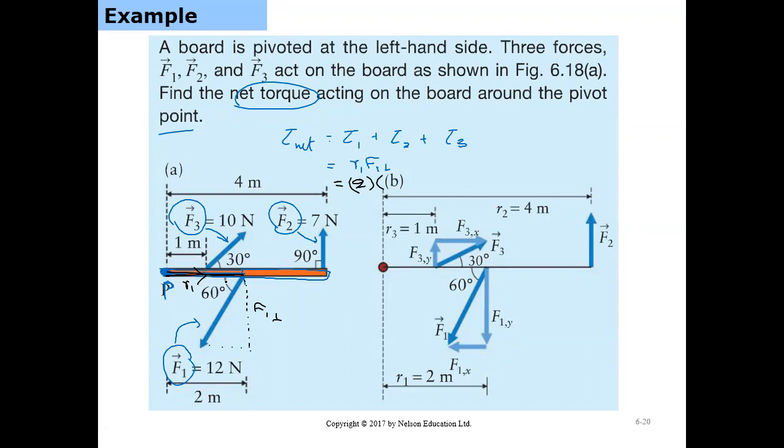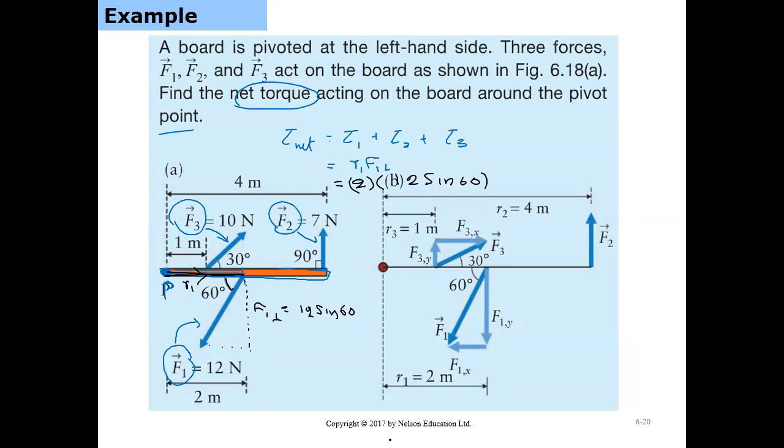If this angle is 60, making with the position vector R, so F1 perpendicular will be 12 sine 60. This is the magnitude. I'm taking the torque from the force number 1. This is just the magnitude.